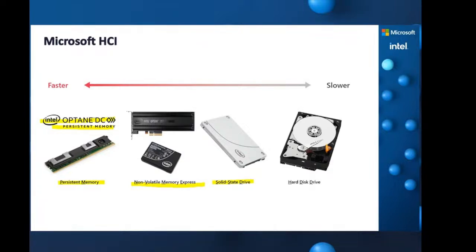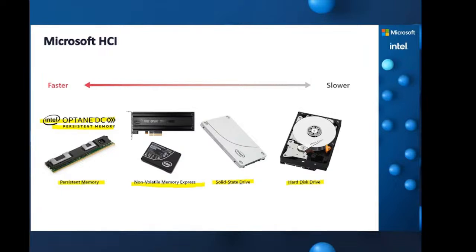To give you some numbers regarding the performance, when it's random access to the storage, we can replace up to 400 hard drives with one SSD. The SSD has something like 60,000 IOs per second. The hard disk has something like 150 IOs per second. So we can replace these 400 hard disk drives with one SSD, not when we talk about capacity, not when we talk about throughput, but when it's random access.